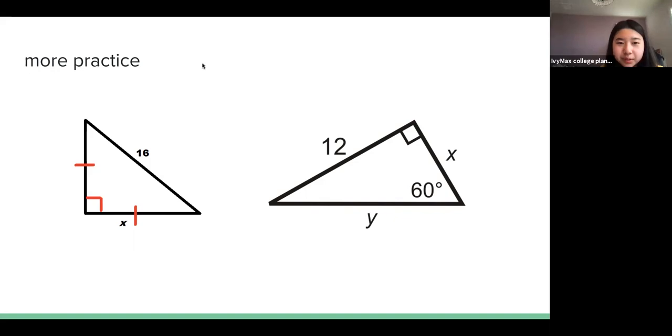Okay, so for the first one, the formula is that c equals a square root of 2. So we notice that here the hypotenuse is c, which is 16, equal to a square root of 2. So a just represents the x right here.